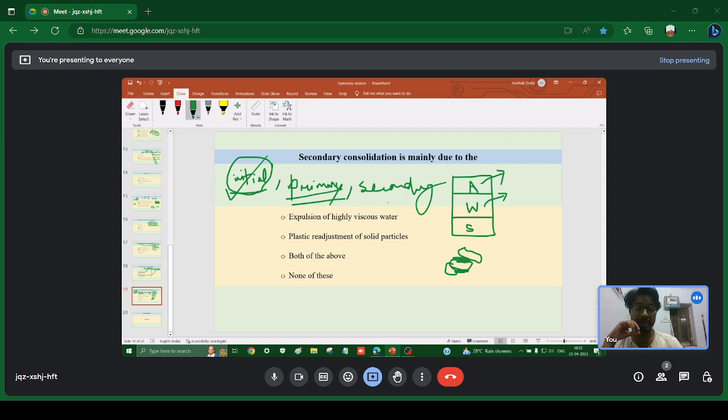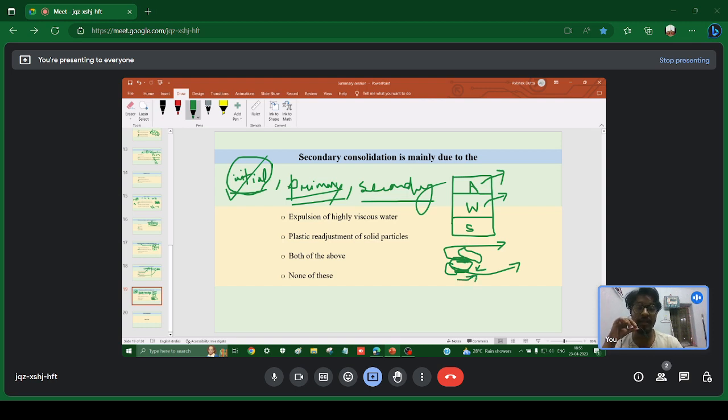Now in the case of secondary consolidation, that is on further application of load after the removal of water from the soil, we think that water has been removed but there is still water in the form of viscous water. So in this secondary consolidation, what happens? This viscous water gets expelled out, and once it is expelled, these particles will come closer and arrange themselves in a different manner.